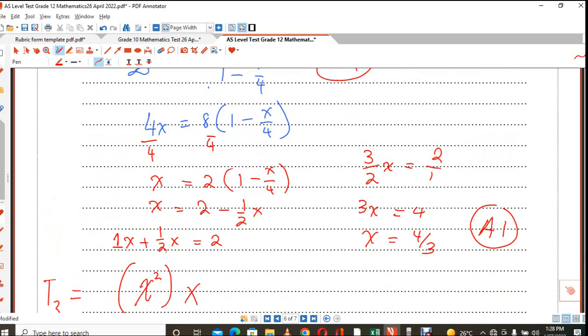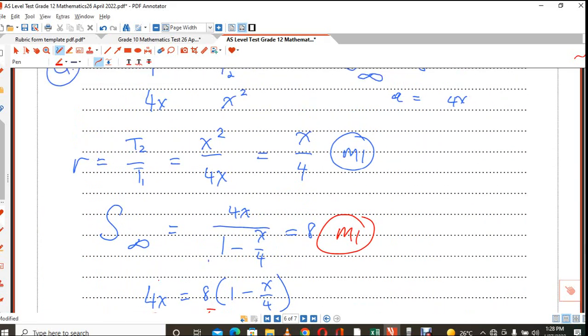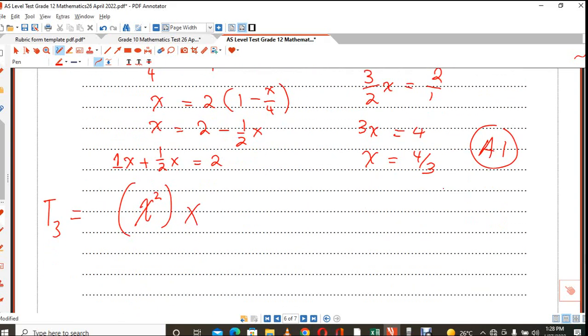Now that we know what is x, let's go back and solve to find our r. Our r is x, being 4 over 3, divided by 4. Once you do this, you'll get a third. Do you understand that? Because we know what is x, so we can find our r. So our r is a third, so I'm going to simply multiply that common ratio by the second term.